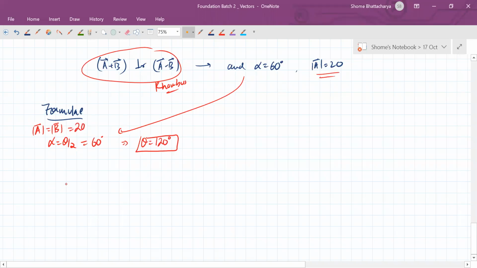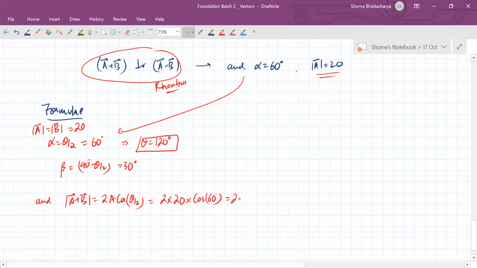Now you use the formula that beta will be 90 minus theta by 2, so that will be 30 degrees. And use the special formula that magnitude of A plus B is 2A cos theta by 2. So it is 2 into 20 into cos 60, which is 20.